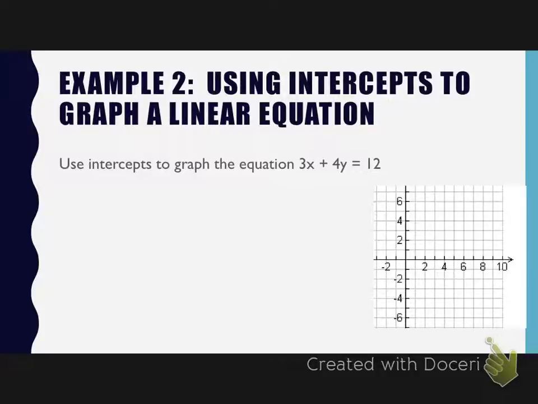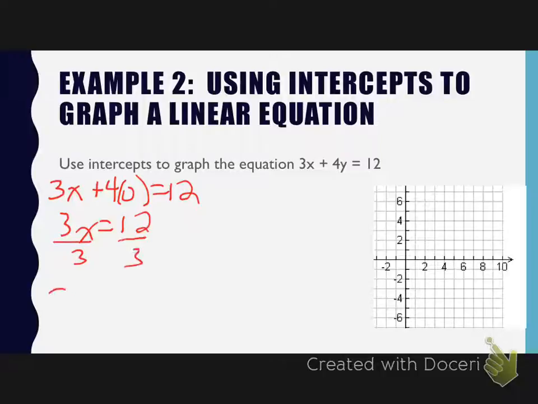So I've got 3x plus 4 times 0 equals 12. Well, 4 times 0 is just 0, so I have 3x equals 12. So I divide by 3 and find that x equals 4. So that point is going to be 4, 0.